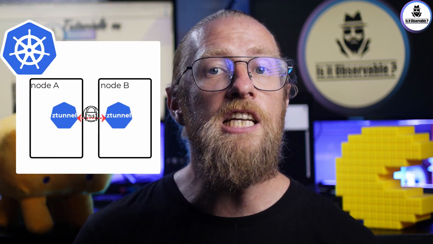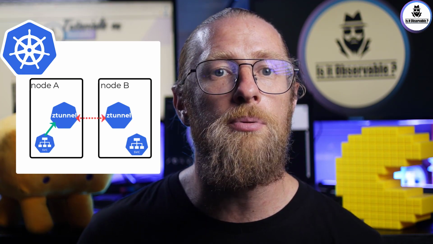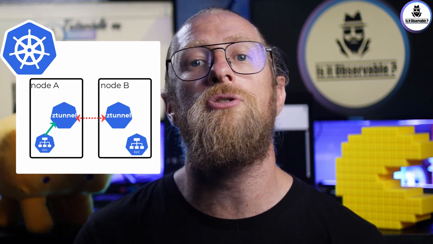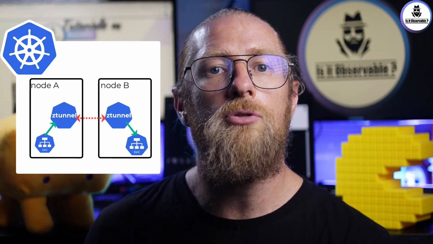Then the ztunnel pod will have mTLS secure connection with each ztunnel of each node. So when a service A is calling a service B, the traffic will go through the ztunnel running on the same node as the service A, and then the ztunnel will send a secure connection to the ztunnel deployed in the same node as the service B, for example. And then ztunnel sends the call to service B.